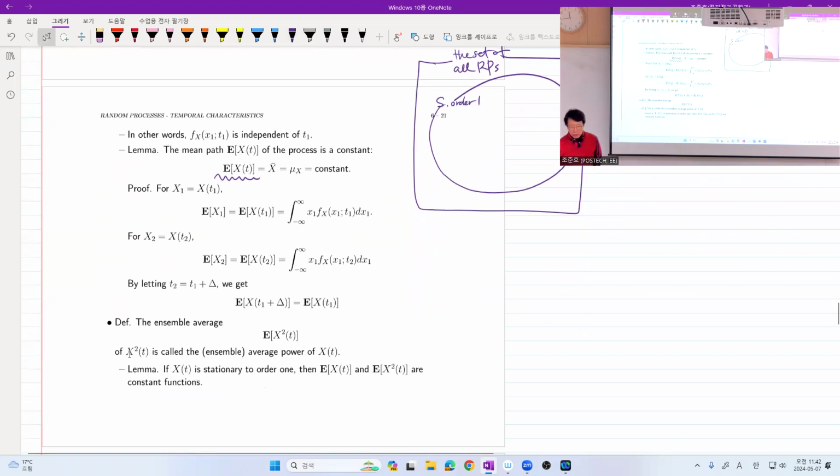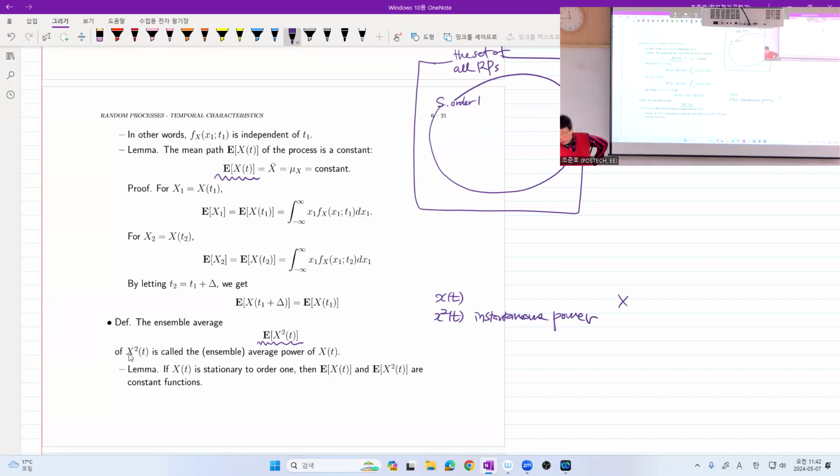Now, what about the expected value of x squared of t? By the way, what is the meaning of x squared of t? In electrical engineering, we call it the instantaneous power, right? So if you have signal x of t, x squared of t is called instantaneous power, the power at specific time t.